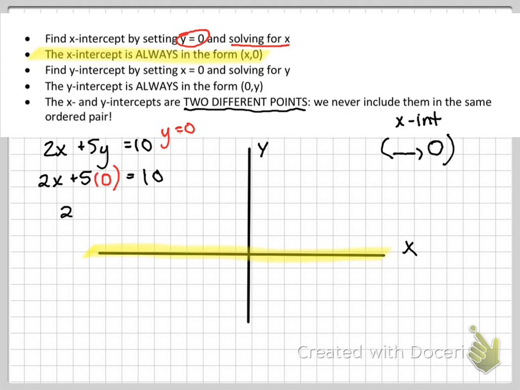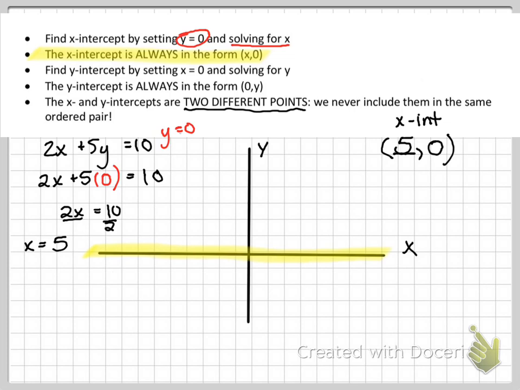So now I have 2x = 10, I divide by 2, and we have x = 5. So that 5, where should I put it? Well, I need to put it over here in this ordered pair, into the x-intercept.